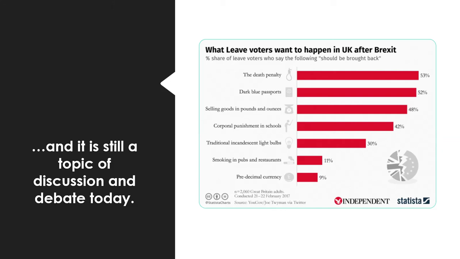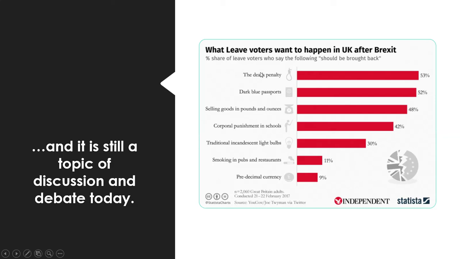So the question was, what do Leave voters want to happen in the UK after Brexit? So this is people who voted to leave the UK and what they wanted to happen after we left. And these are percentages share of Leave voters who say the following should be brought back. 53% of all the people that voted Leave said that they wanted the death penalty brought back.